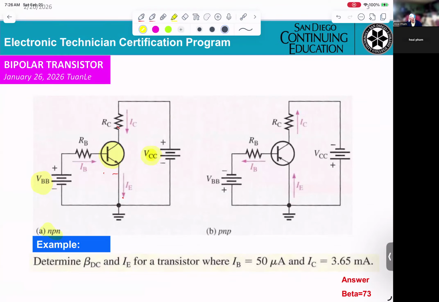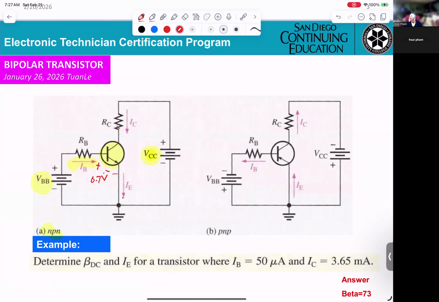So first thing you can see the current flow here, IB. And we already know VBE here, positive, negative, 0.7 volt.